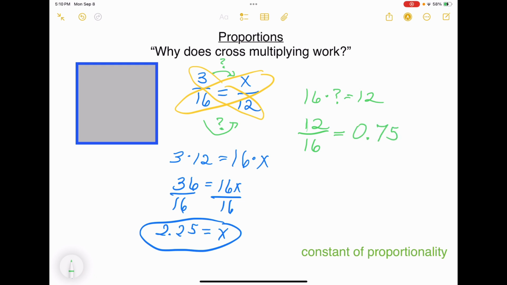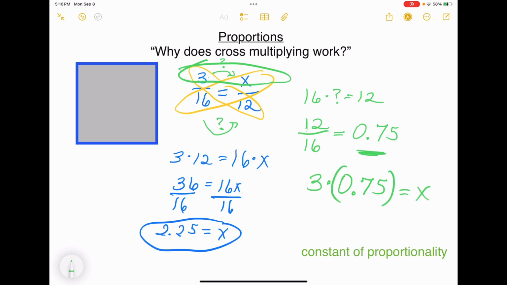So 16 times 0.75 to get to 12, and then if I come in the other direction, 3 times 0.75 will give me x, and we've got 2.25 again. Same answer, two different approaches.